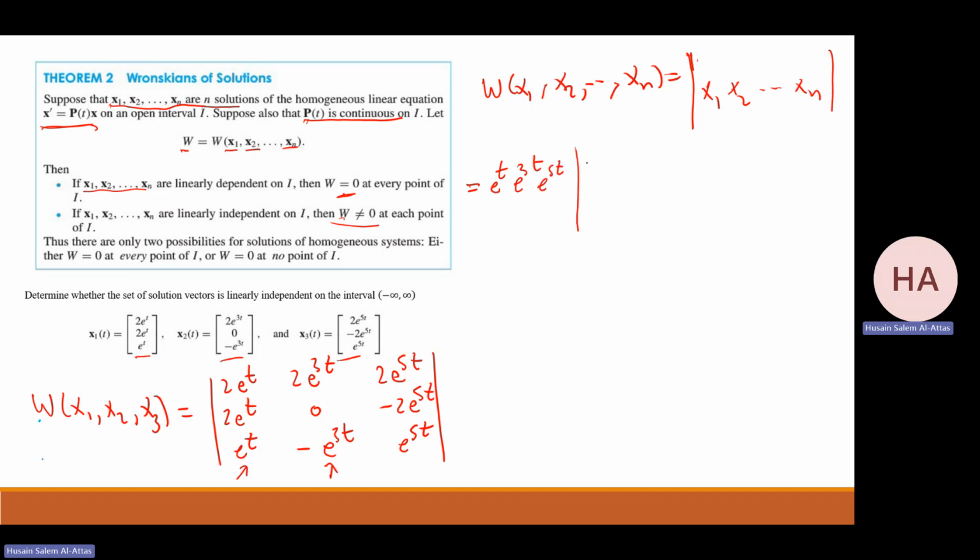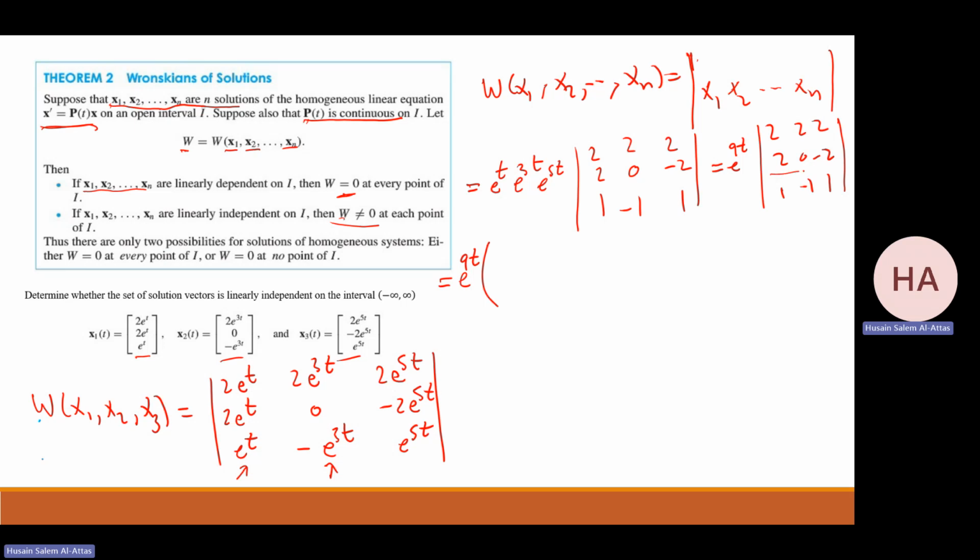What is remaining: 2, 2, 1, 2, 0, minus 1, 2, minus 2, 1. And that will be e to the power 9t times this determinant, which we can deal with easily. Either I make more zeros or I can do it right away.